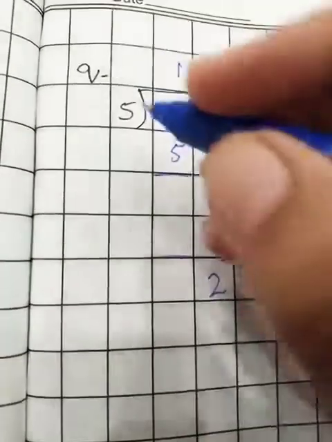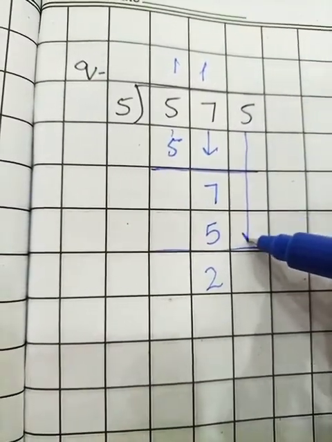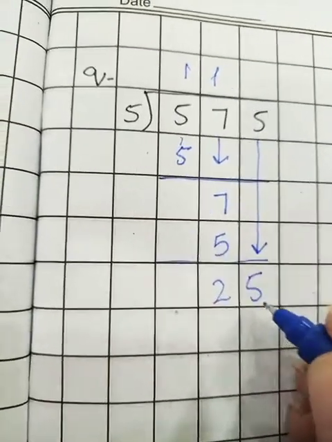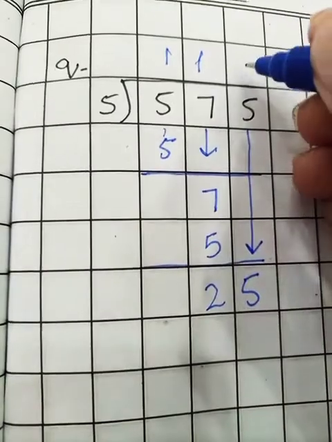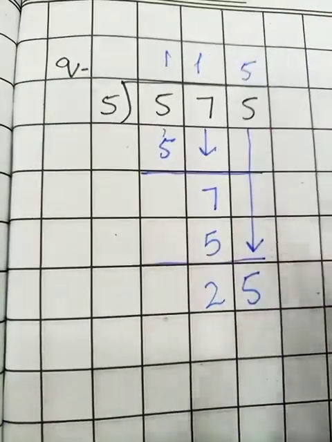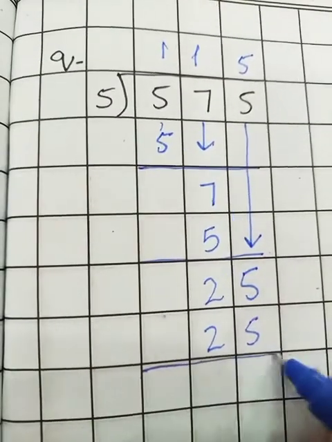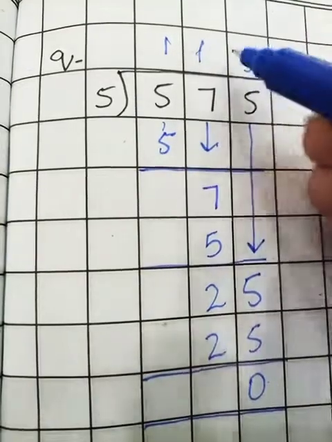This 2 is smaller than my divisor, so I have to bring down this 5 here. This will become 25. Read the table of 5 to get the number 25. Yes, 5 fives are 25. Now our remainder is 0. So students, our quotient is 115.